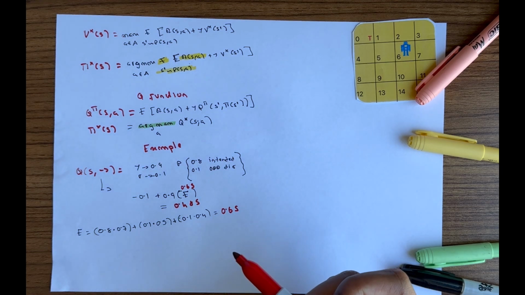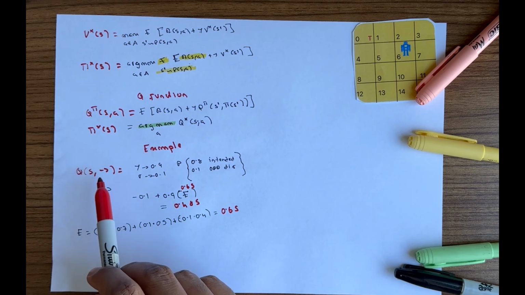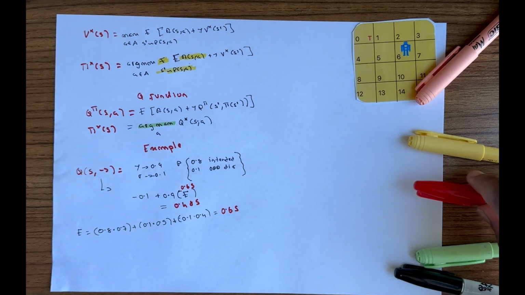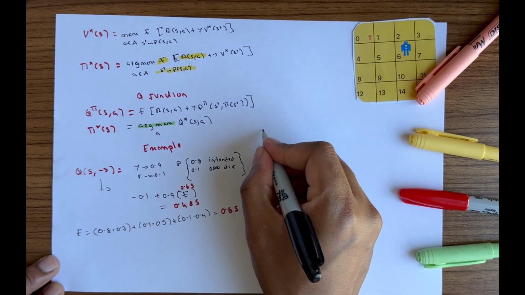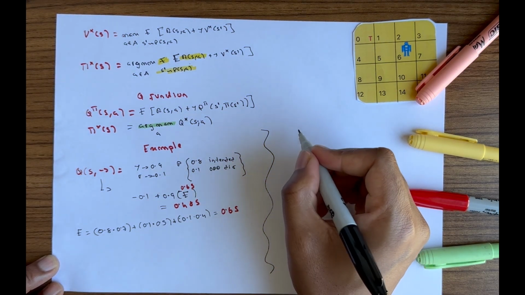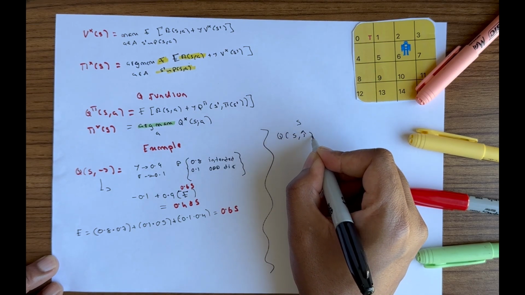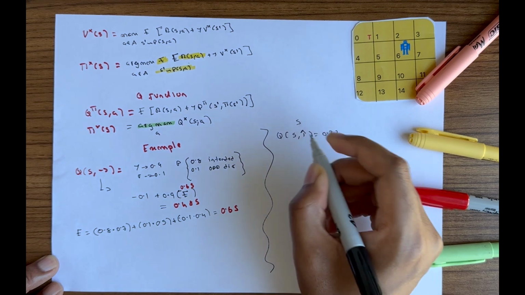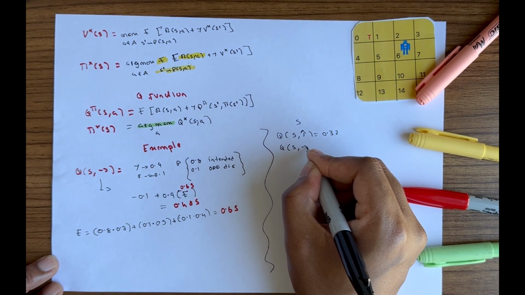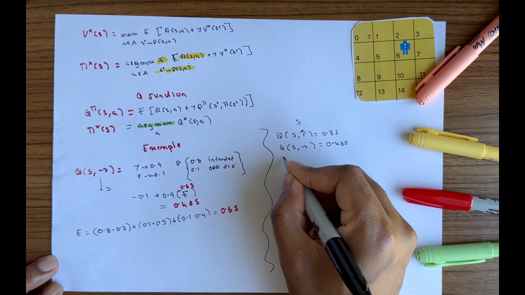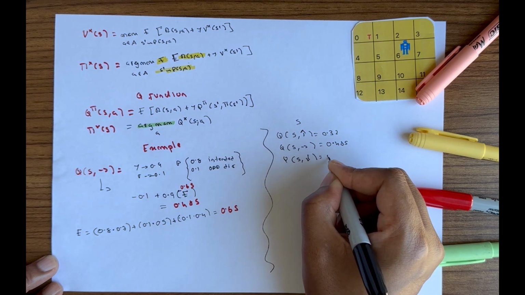Now once we have Q values, let's say for state 5 up, down, left, state 6 up, down, left, for all the states up, down, left, even if they are not optimal, we can extract a policy by choosing the action with the highest Q value at each state. So let me show you this. For example, maybe Q of state 5 up is 0.32. Q of state 5 right, we have already computed that value, 0.485. Q of state 5 down, 0.4.